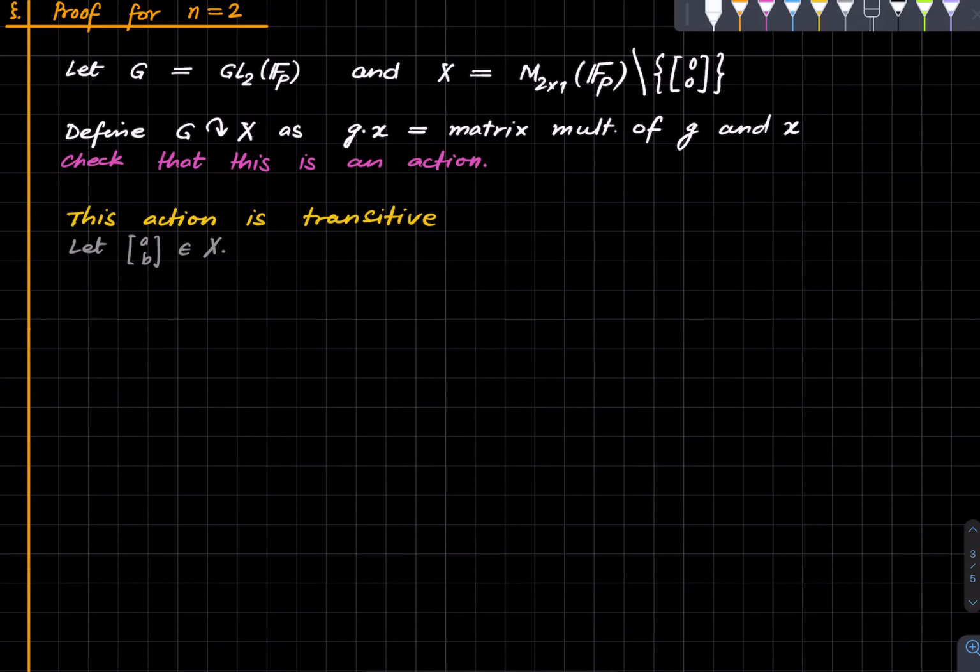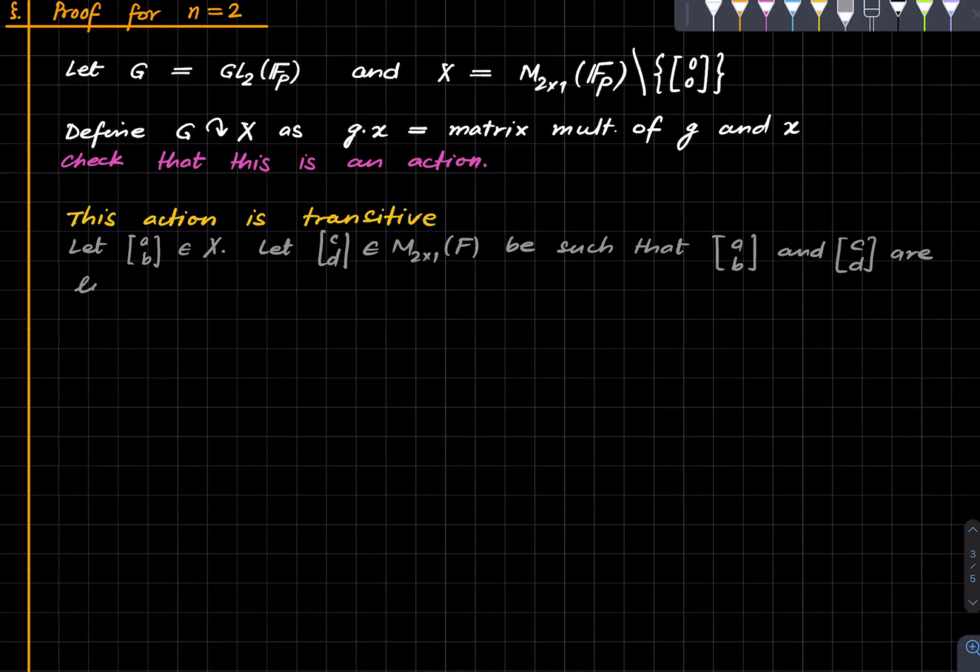So let this column, again in 2 cross 1 over F, be such that these two things are linearly independent, and thus this matrix is invertible.